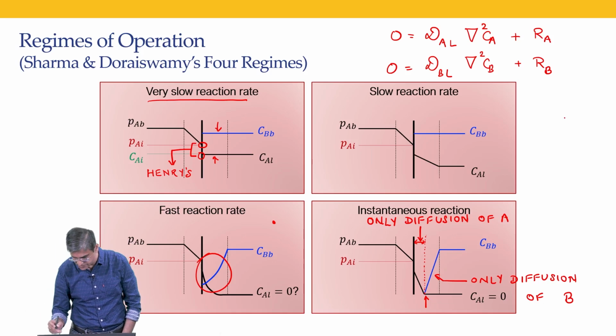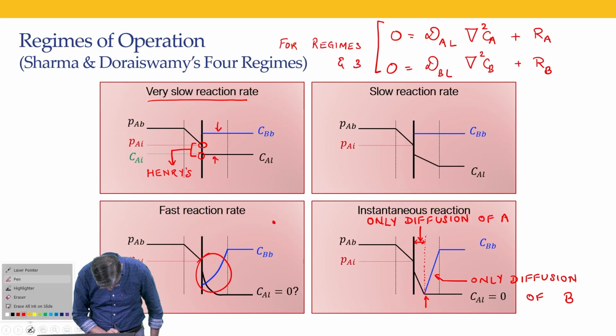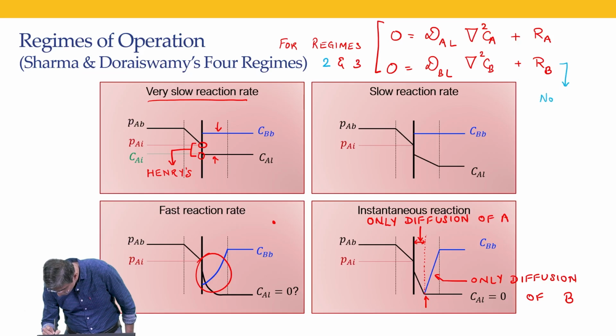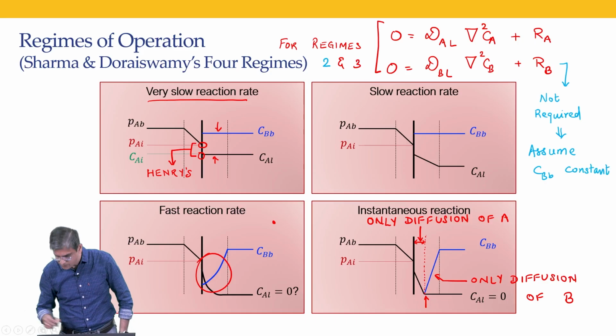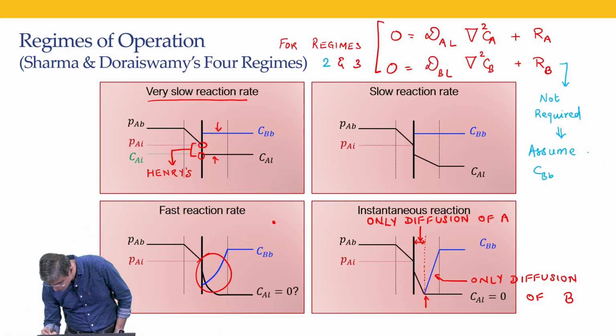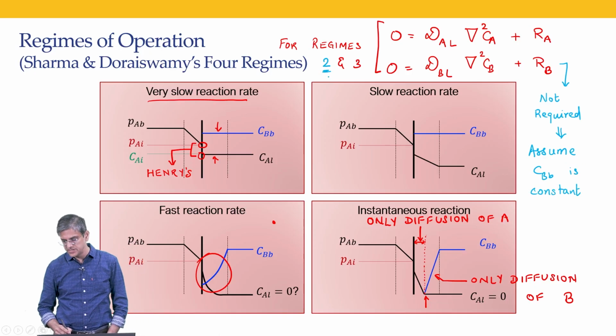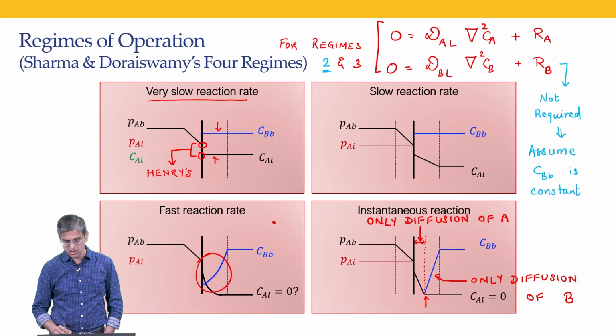So, these would be the equations. For regime 2 we are assuming CBB is constant, for regime 3 both are to be used.